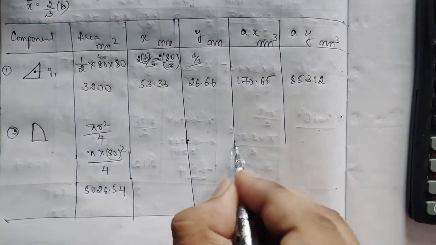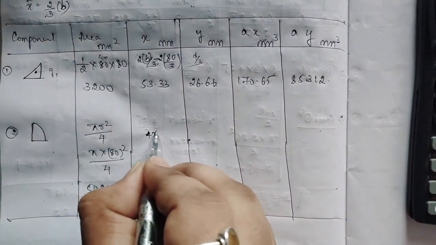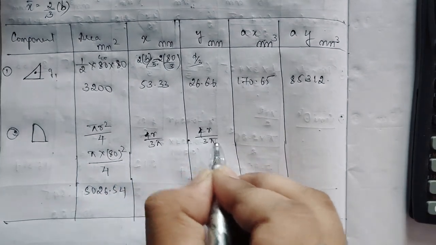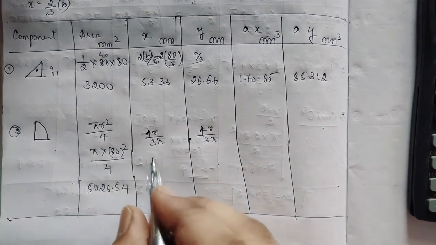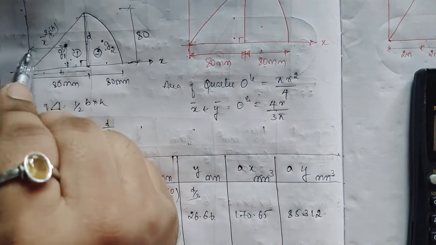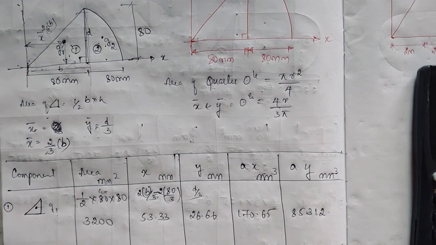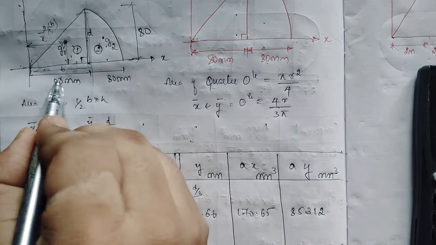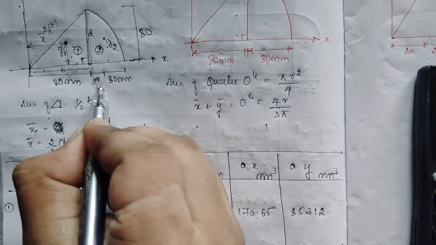Now the distance of x, y. The distance is 4r by 3 pi. This is also the same, 4r by 3 pi. But here the x distance is from this axis, so for the x distance we have to add 80 plus this distance, 4r by 3 pi.